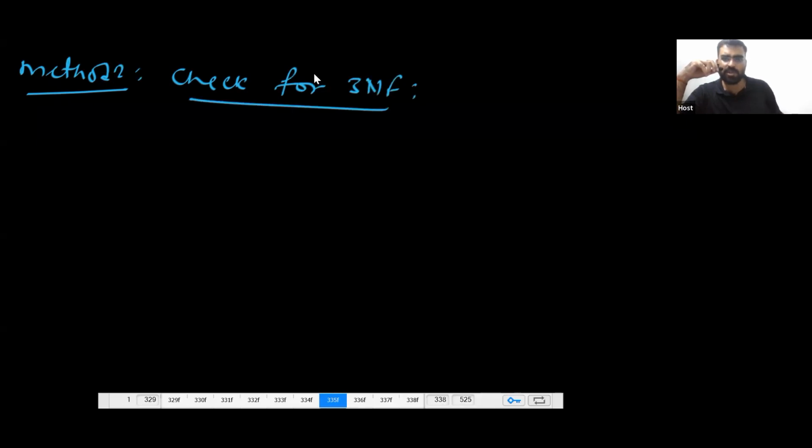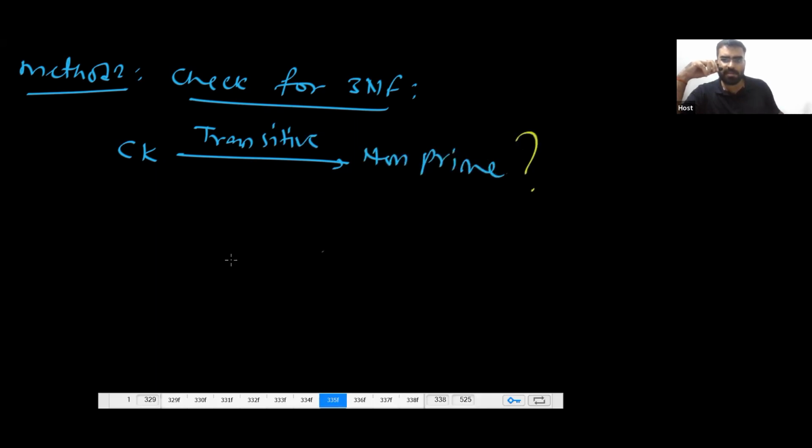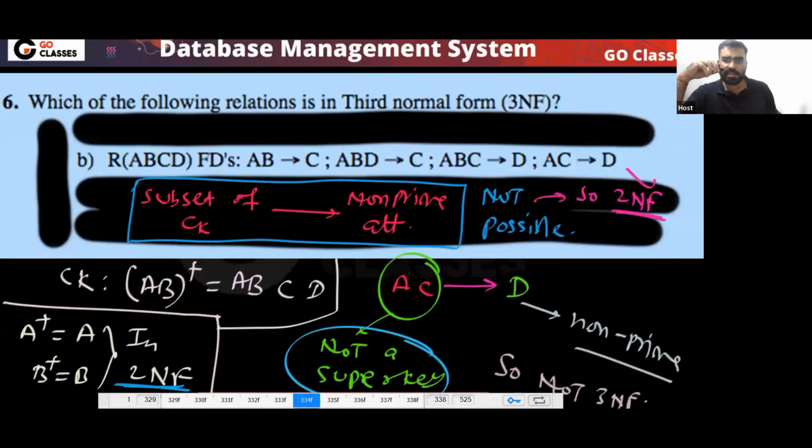Method 2 is transitive dependency. Can you create this type of transitive dependency? Yes, we can create.